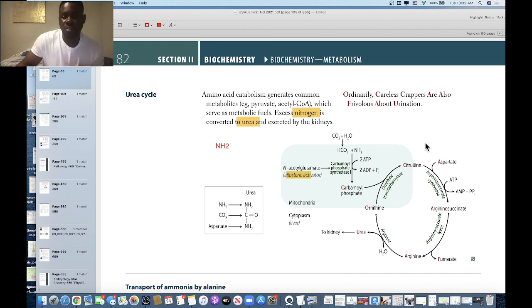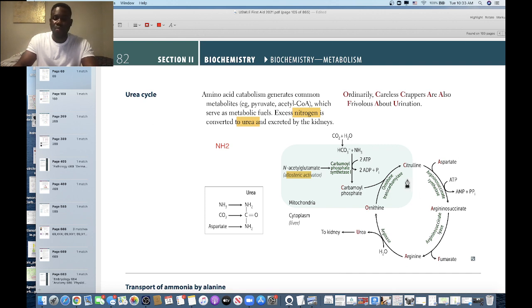So this is it. But the pathway is not the main thing. The main thing here is that you want to know that when there is a deficiency, what would the problem be? So in this reaction, the most common deficiency is the ornithine transcarbamylase.